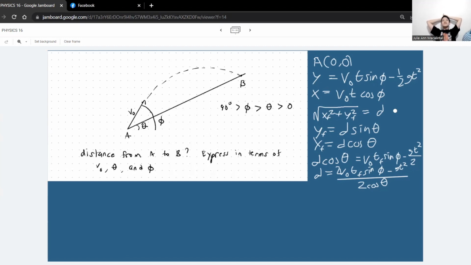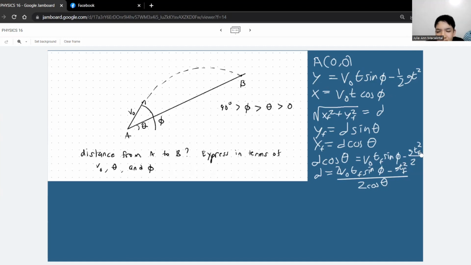Sige. So, ngayon, eliminate mo yung t sub f. Di ba meron tayong dalawang equations eh. D cosine theta, tapos yung y sub f. So, sorry. D cosine theta is v naught t sub f sine phi.